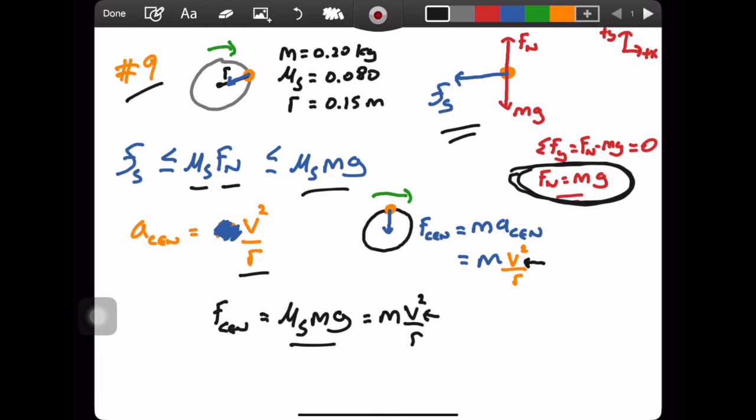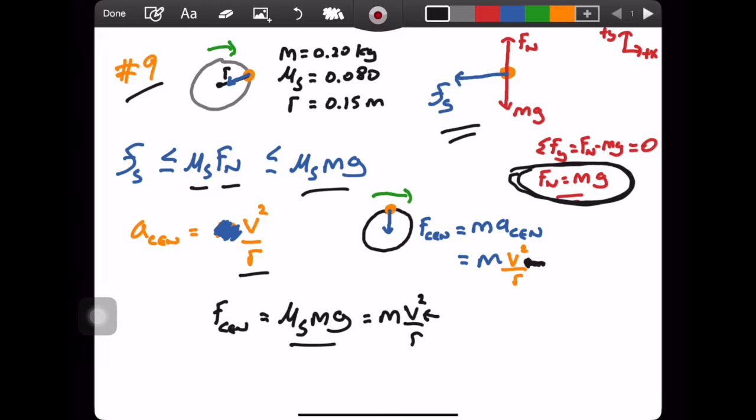So that's why the term in orange you see here as well. So I know that it's the static friction force that's supplying the centripetal force. I know the static friction force has a maximum. So at that maximum is going to be what the v maximum is. If v gets any bigger, the static friction force can't do the job anymore and it's going to start to slip. So that's what got me to the equation you see here on the bottom.